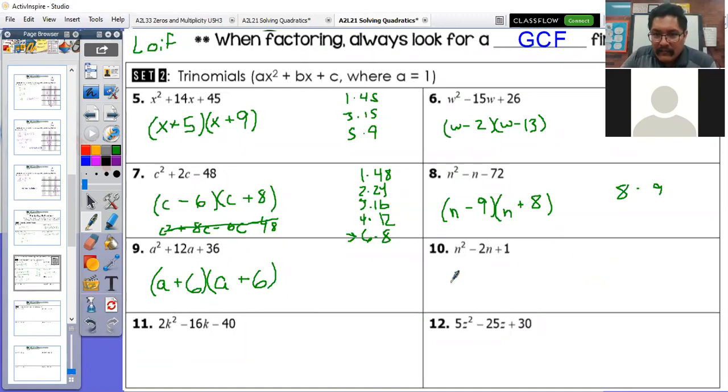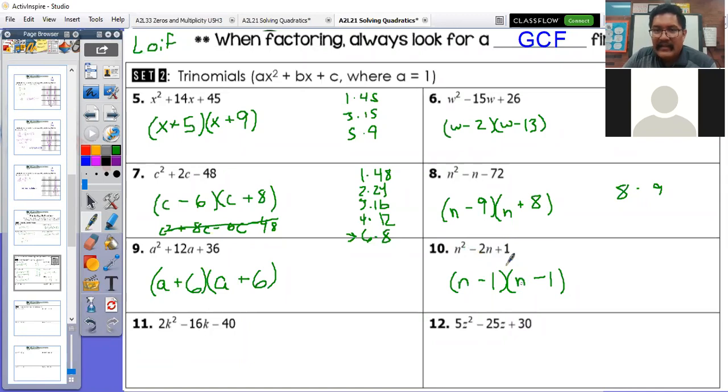Here, start out with our double bubble. And in this case, we only have one possible thing we can multiply to get 1. That is 1 times 1. But again, this means they will be the same, and this means they are both going to be negative, because -1 combined with -1 is -2.